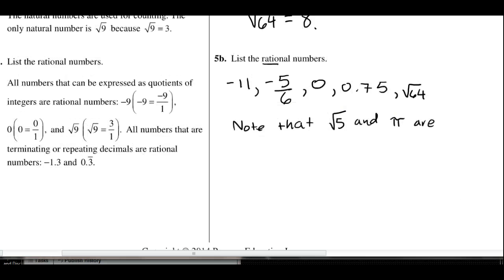We say not rational or irrational. Okay, so our list of rational numbers just includes those 5 numbers.